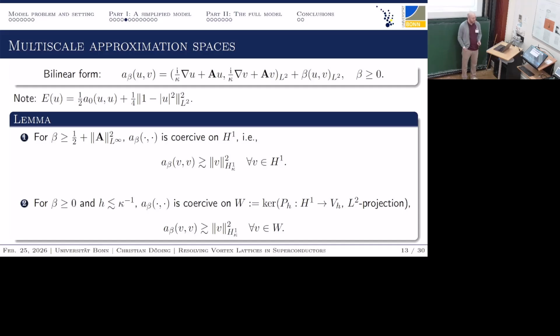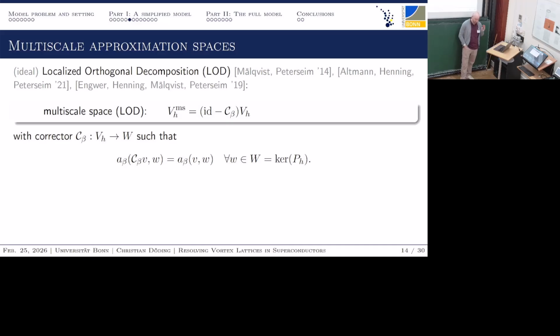I think this space includes the fine oscillations or fine scale structures that the standard finite element space actually cannot resolve. However, we obtain coercivity for any beta, and in particular without any stabilization. This will be important for the next steps. We want to include the case beta equal to 0 in particular.